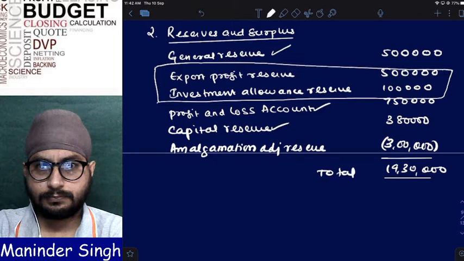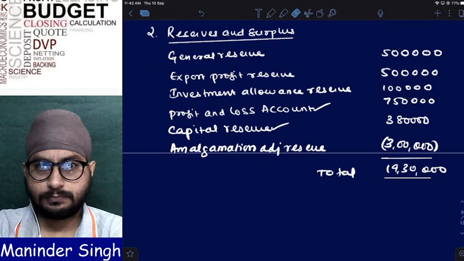Let us say I'm adding 2 lakhs to EPR, export profit reserve. Am I reducing it from export profit reserve? No. I'm removing general reserve 1 lakh and then transferring it to export profit reserve. I'm removing money from P&L account and transferring it to export profit reserve. Clear?